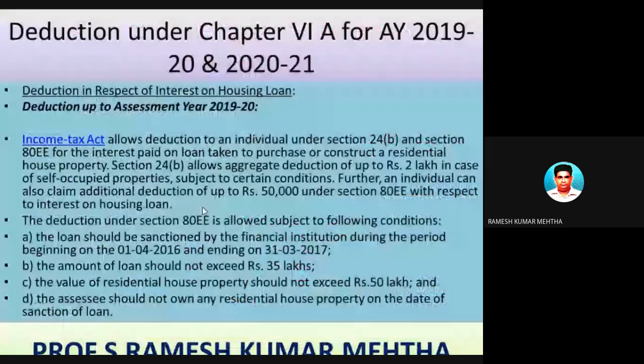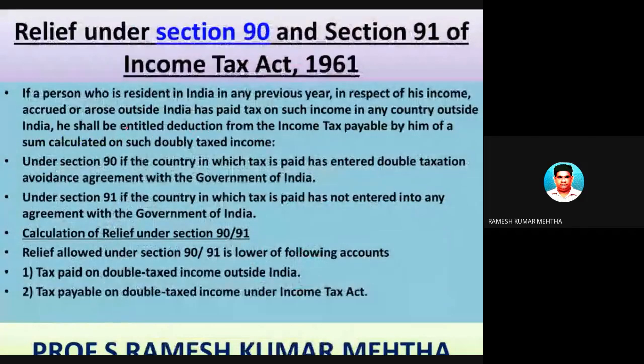Now what do 90 and 91 speak about? If a person is a resident in India, for example, Mr. X is a resident of India in any previous year, and in respect of his income accrued or arose outside India, has paid tax on such income in any country outside India.